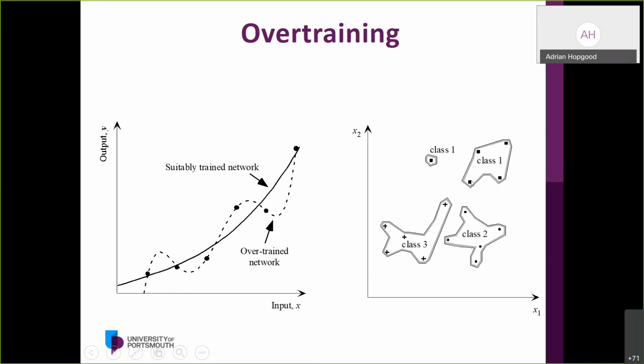But you see how narrowly it's drawn its boundaries around those examples, so that if a new example crops up somewhere between these sets, I don't know if hopefully you can see my pointer there, it's in sort of no man's land, not being clearly classified as class 1, and yet it should be. Clearly that top part of the graph belongs to class 1. So this is an example of overtraining.